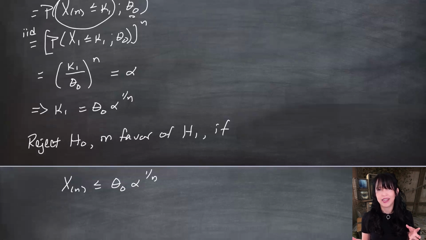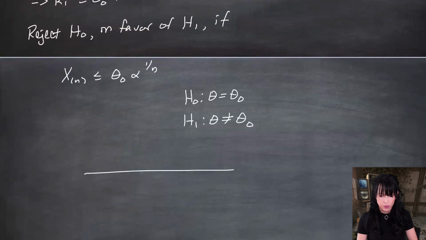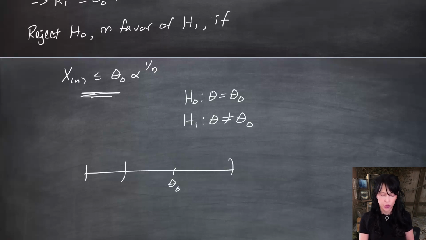Does this seem right to you? I already gave it away, but our hypotheses are theta equals theta naught versus theta does not equal theta naught. So we want to reject if our right endpoint for this distribution seems too low or seems too high. And so I wouldn't expect a one-tailed test like this, a test with just one direction.